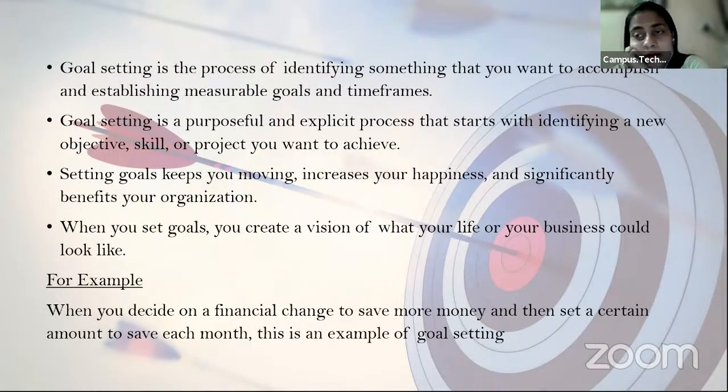I need to think of some way. So I have said that every month I'm going to save 15% of my salary. That is the example of goal setting. Now I'm setting how I am going to achieve my goal. What is the process I am following? That is what is known as goal setting.